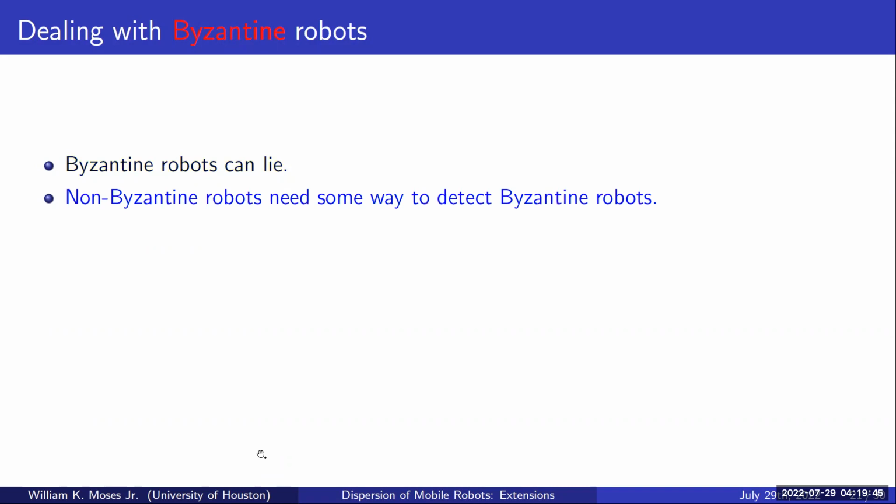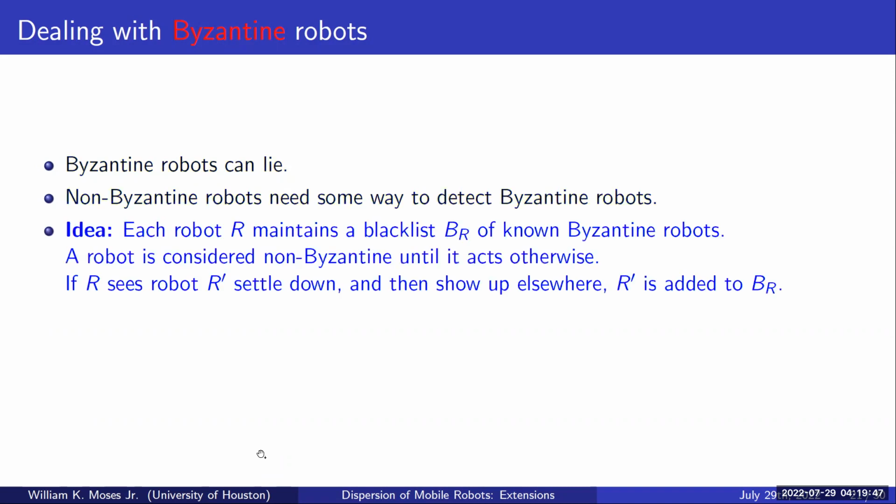So what we do is, we have to address the following issue. Byzantine robots can lie. So we need to remember those robots who have lied and remember that they're bad guys. How do we do this? Well, each robot will remember a blacklist of known Byzantine robots.